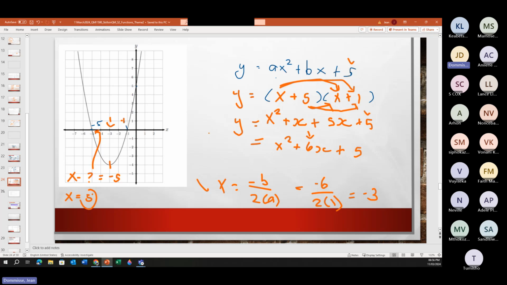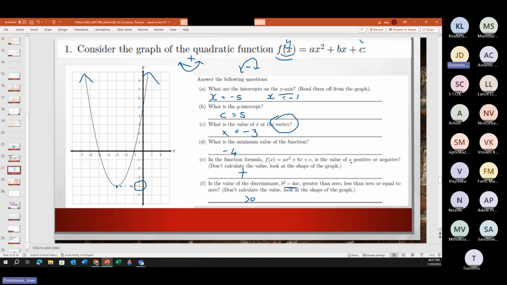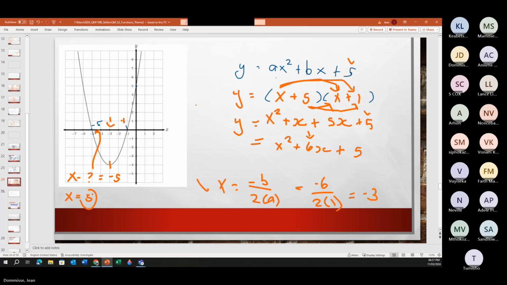Okay, so again, they haven't asked it in this question, but I wanted to show you guys, if I give you a picture like this, yes, they've asked a few questions that you need to derive from it, but they can also ask you to get the final formula as well.